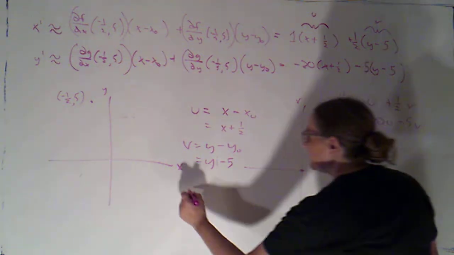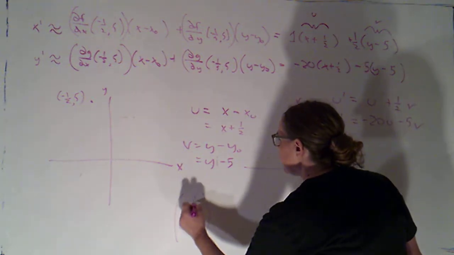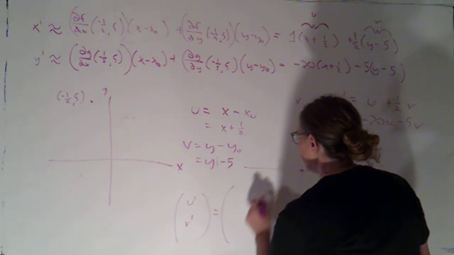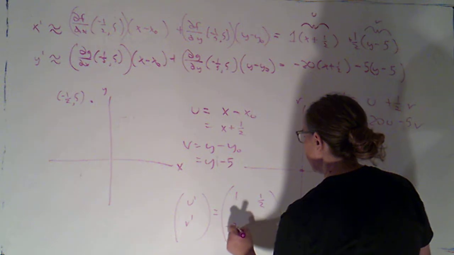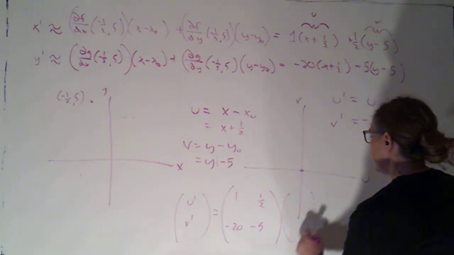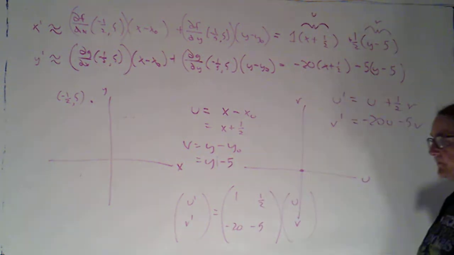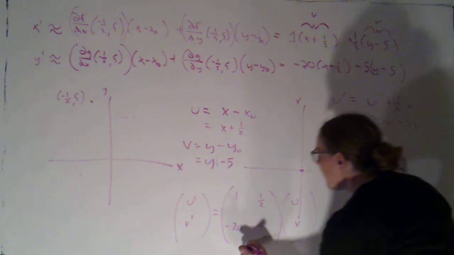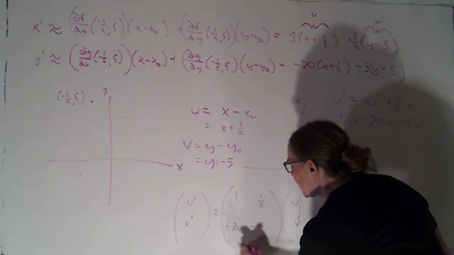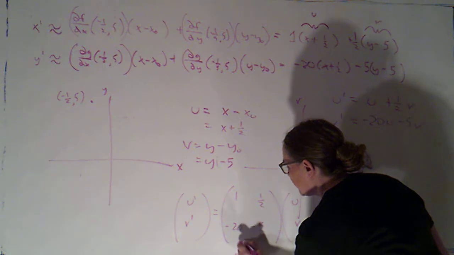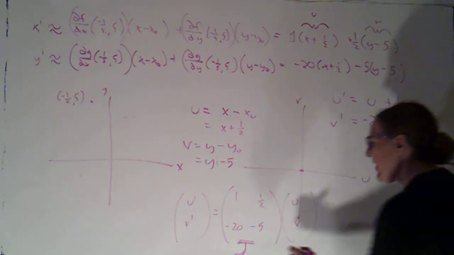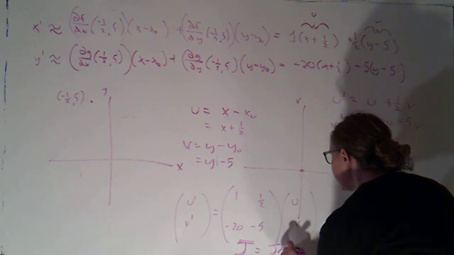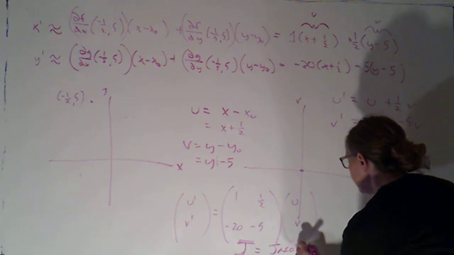That's saying that u prime v prime is just this matrix 1, 1/2, -20, -5 times uv. And I'm going to call this matrix J. We've usually been calling our matrices A. I'm going to call that J because it's actually called the Jacobian matrix.